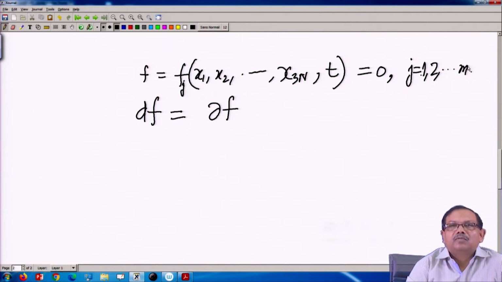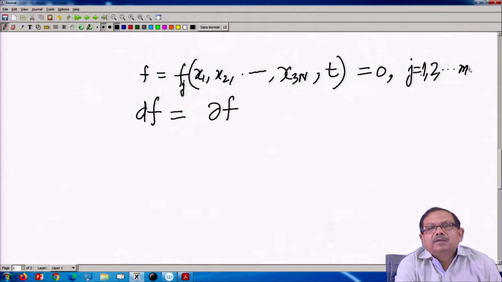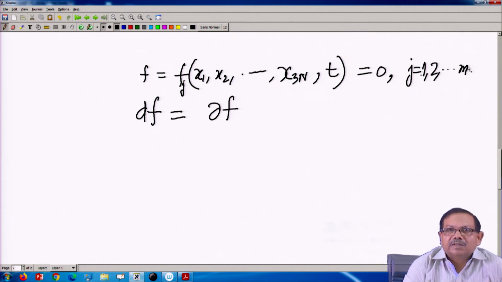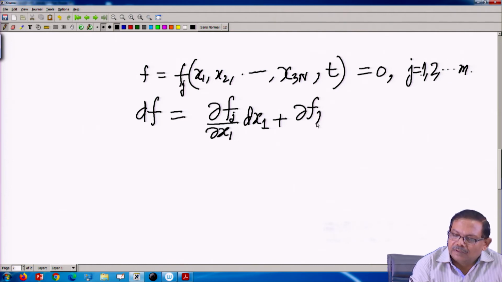There are m constraints, like in the double pendulum there were 2 constraints. If it is a coplanar triple pendulum, there are 3 masses, then there would be 3 constraint equations. So, I have to take the derivative of f_j with respect to x1, times dx1, plus the derivative of f_j with respect to x2, times dx2, and so on.